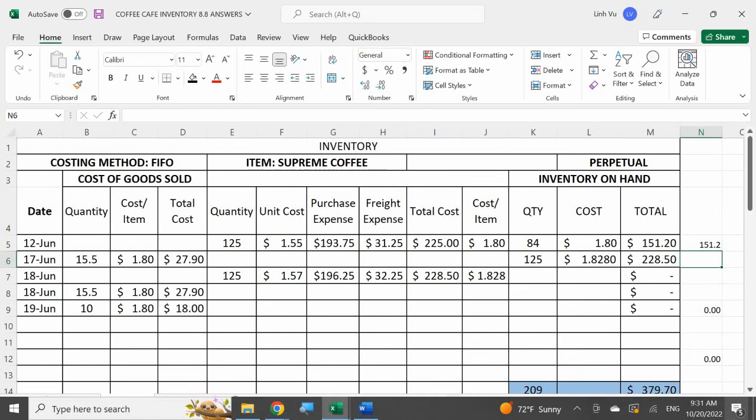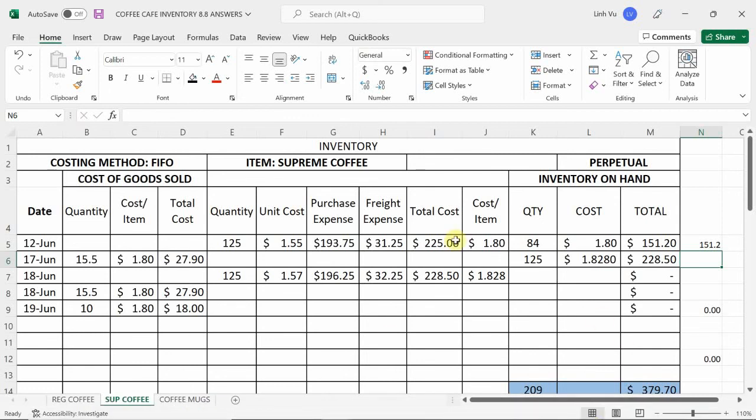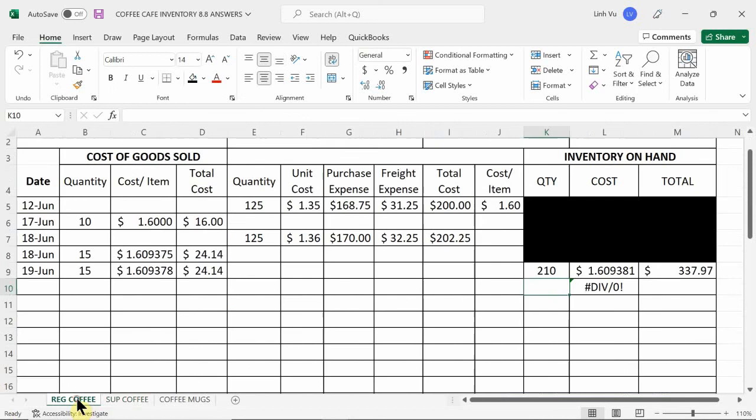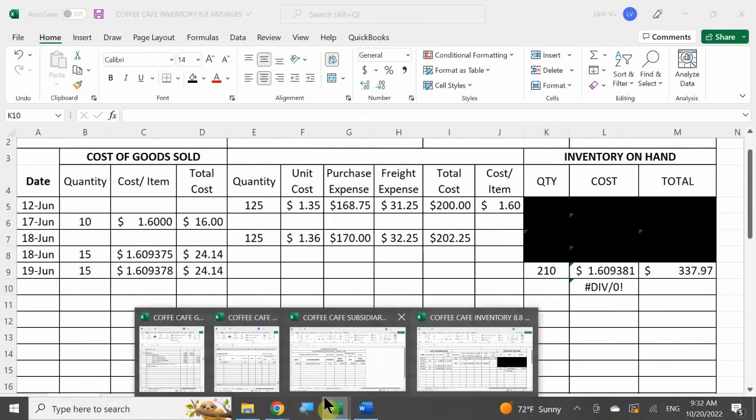In this case, my cost per item is going to stay the same because this is the batch of inventory that I'm selling from. I'm separating them. So now that we have our numbers, we got 18 for the cost of goods sold for my Supreme coffee and 24.14 for my regular coffee.